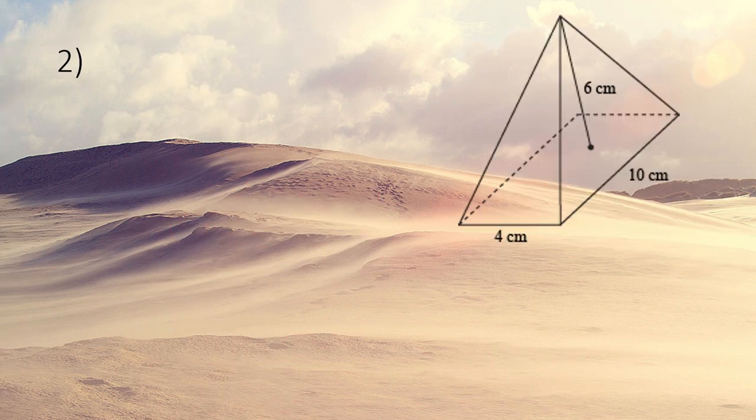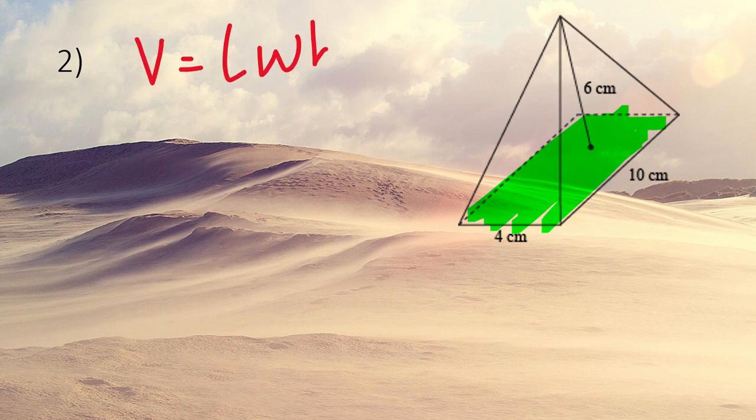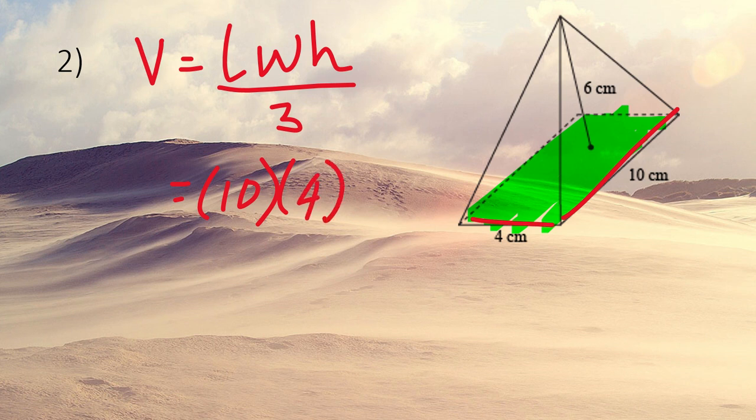Next one, find the volume. This is a rectangular pyramid because it's got a rectangular base. Doesn't matter, still follows the same formula, which is volume equals length times width times height divided by 3. Okay, length is 10, right? That's how long it is. Width is 4. That's how wide it is.